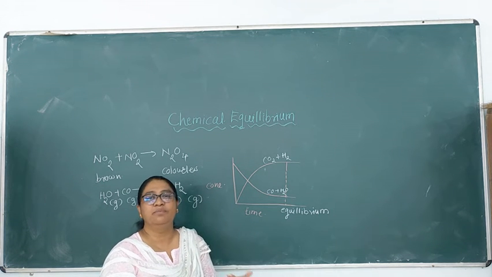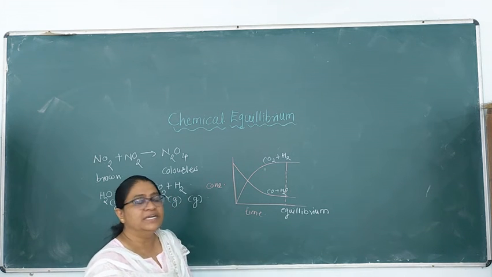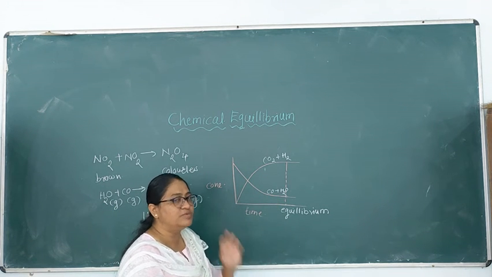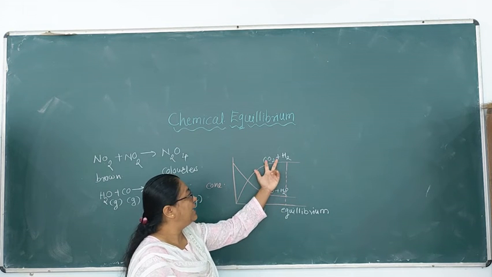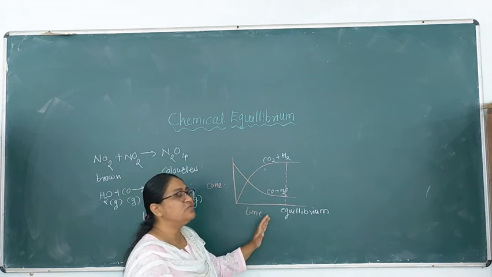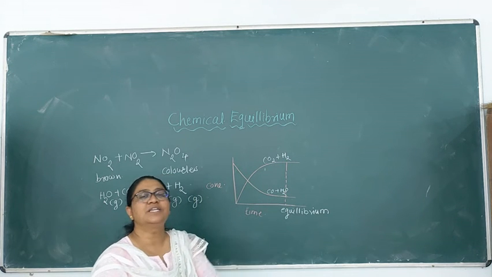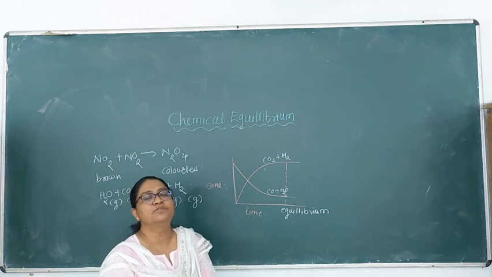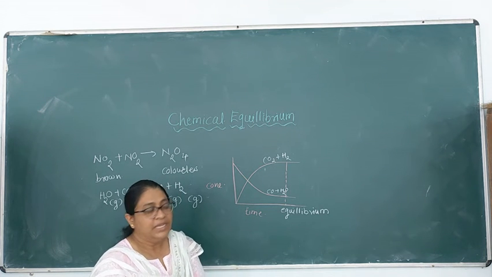This is called the dynamic equilibrium. So before this equilibrium, the concentrations of both reactants will be equal, and the concentrations of the products will also be the same, but eventually a time comes where the concentration of the reactant and the product becomes constant. That is called the chemical equilibrium.